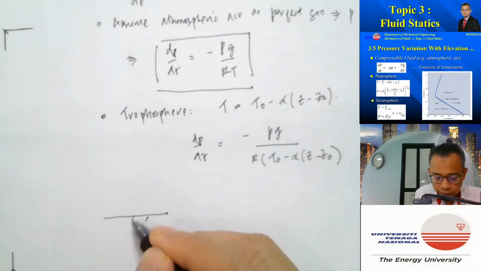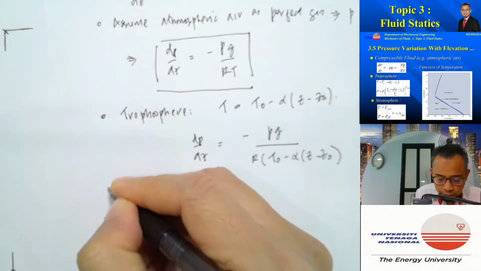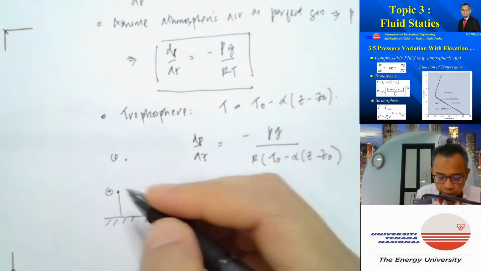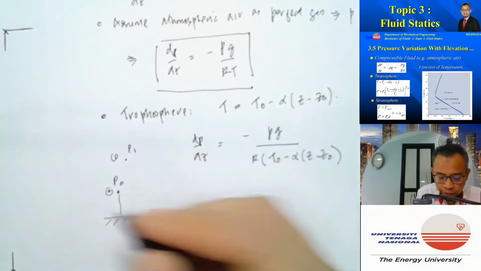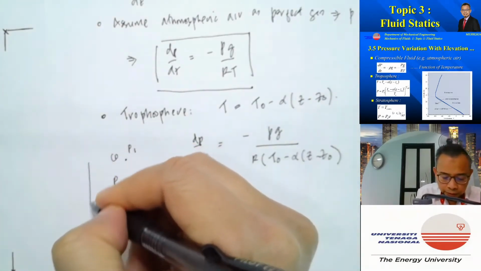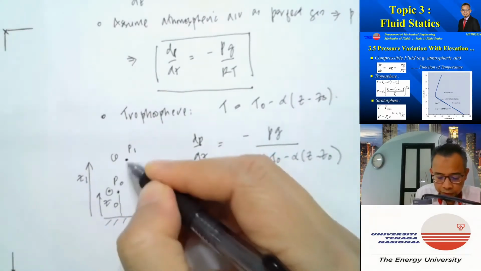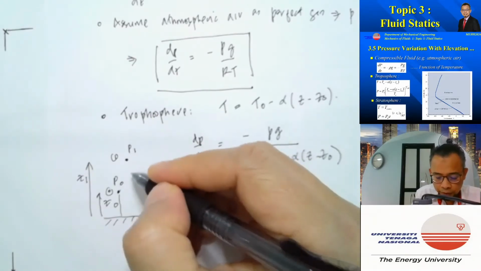Let's say this is the Earth's surface, and this is point 0, and this is another point, point 1, where the pressure here is P1 and the pressure here is P0. So this is z0, and this is z1. We want to find out how the pressure P1 relates to the pressure here.